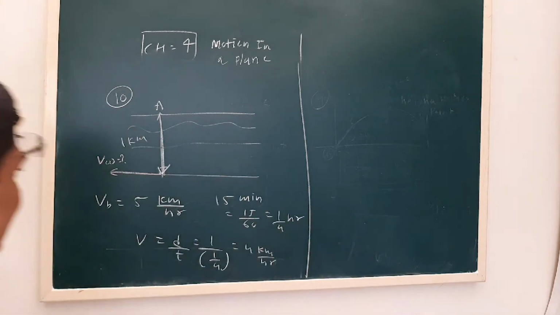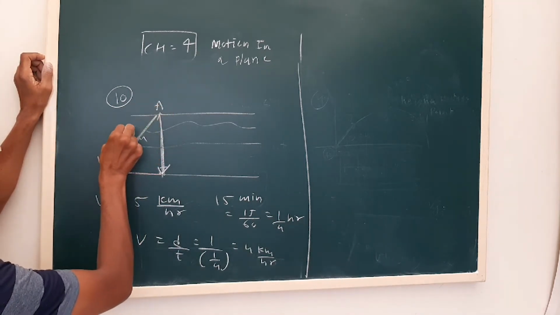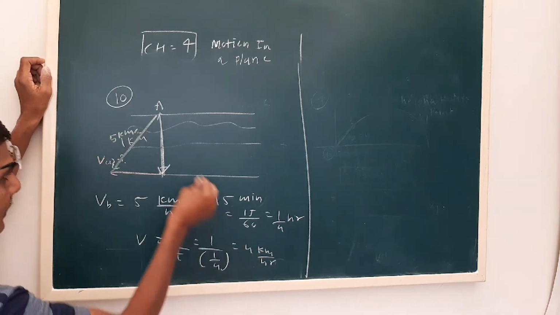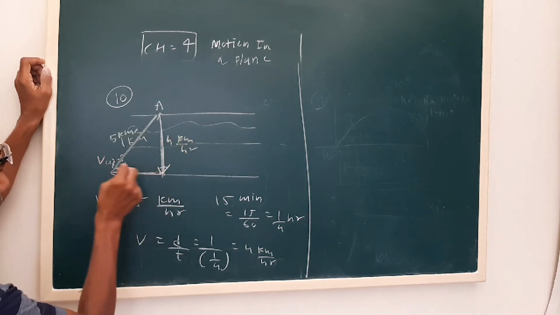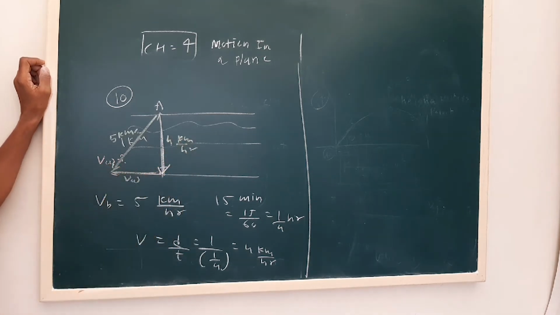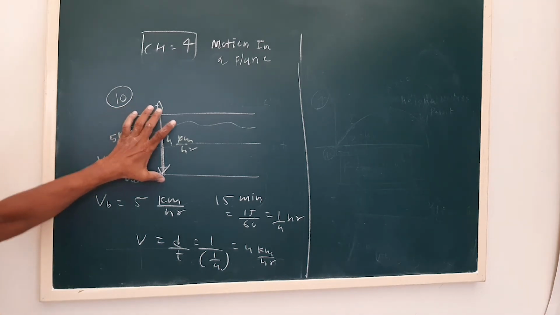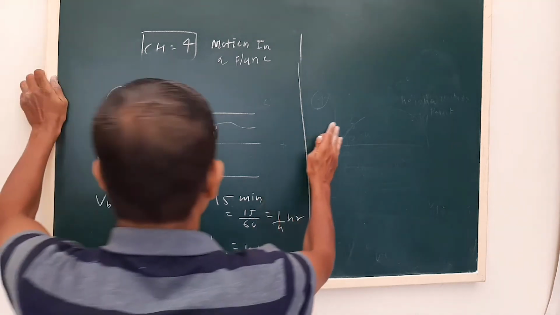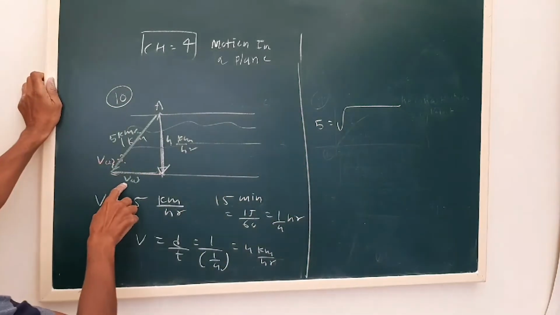The velocity of the boat is 5 km per hour. When it covers the shortest path, its speed becomes 4 km per hour. Now this is Vw that we have to obtain. Here the velocity is 5 km per hour and 4 km per hour. We can say this is a right angle triangle.